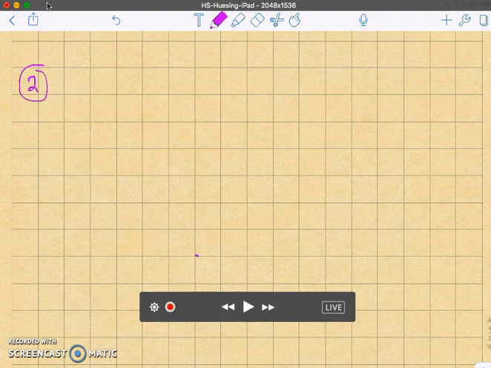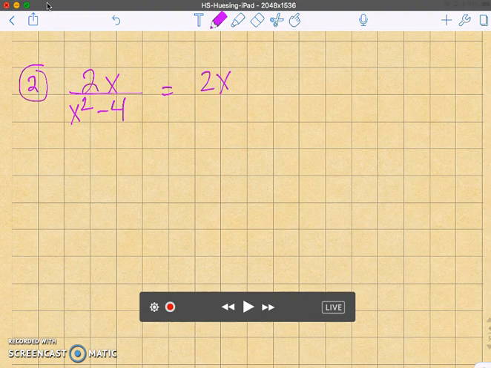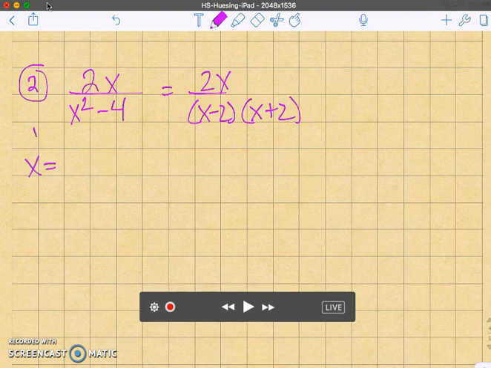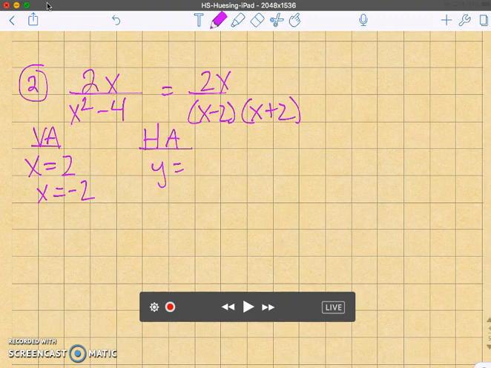Let's say we had 2x over x squared minus 4. Well, this factors into 2x over x minus 2 times x plus 2. So one way I notice is our verticals are at x equals 2 and x equals negative 2. Horizontal is going to be at y equals 0.